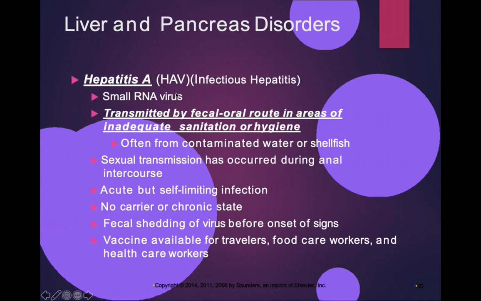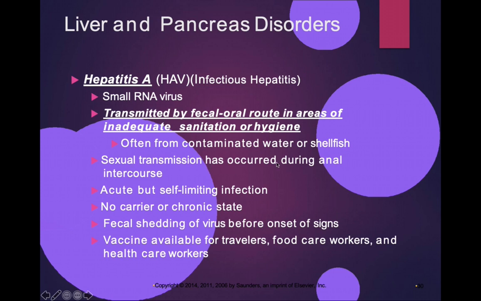Let's look at hepatitis A. It's a small RNA virus. This one is transmitted from fecal to oral route in areas of inadequate sanitation or hygiene. It's also from runoff water, like contaminated water, so it can affect shellfish as well.